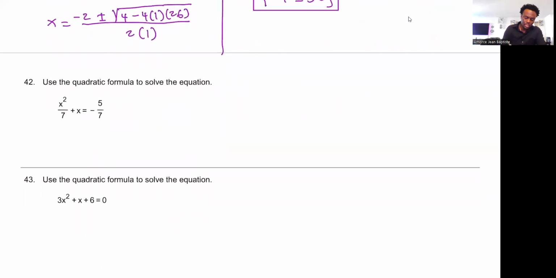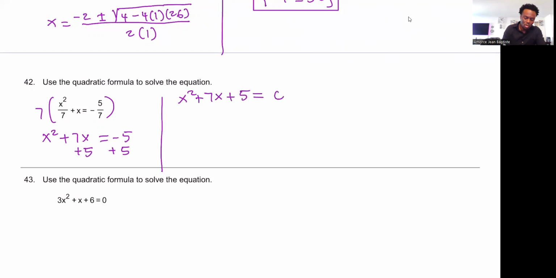And then this one, we should multiply to cancel the denominators. Multiply by 7. And then once you multiply by 7, your new equation is x squared plus 7x equals negative 5. Then add 5 on both sides to zero your equation out. And then get x squared plus 7x plus 5 equals 0.